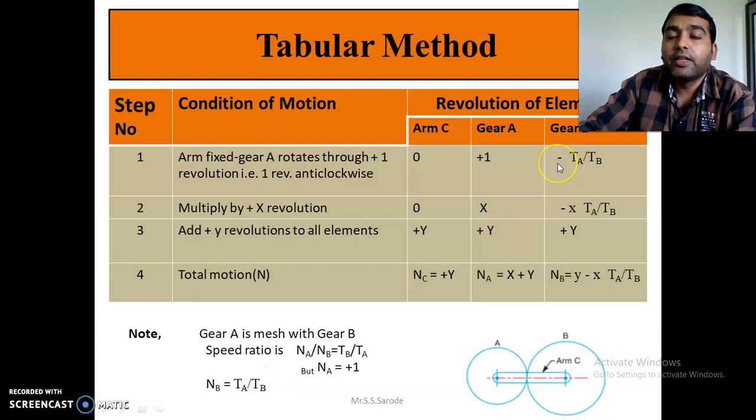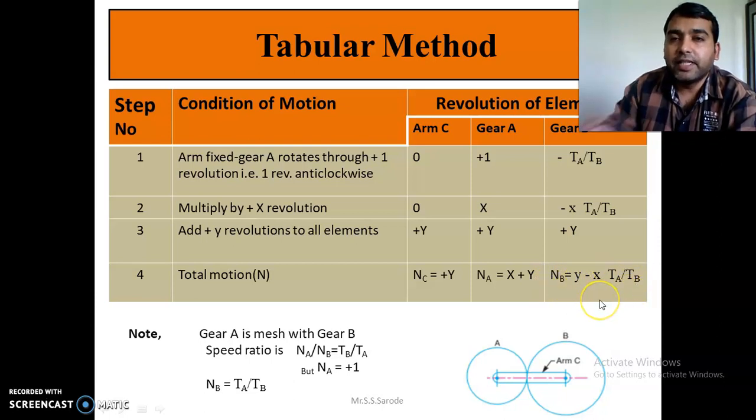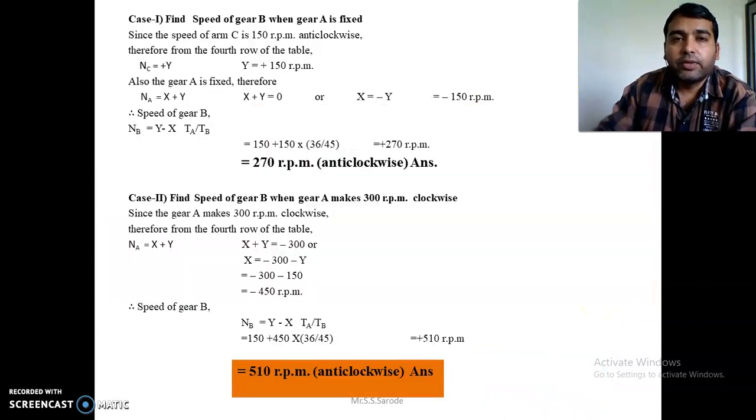We are giving the negative sign because A is rotated in the anticlockwise direction and B is rotated in the clockwise direction. That's why it is negative. Multiply by x, add y. So total speed NB is equal to y minus x TA upon TB. So this is the tabular method which is plotted into the table.